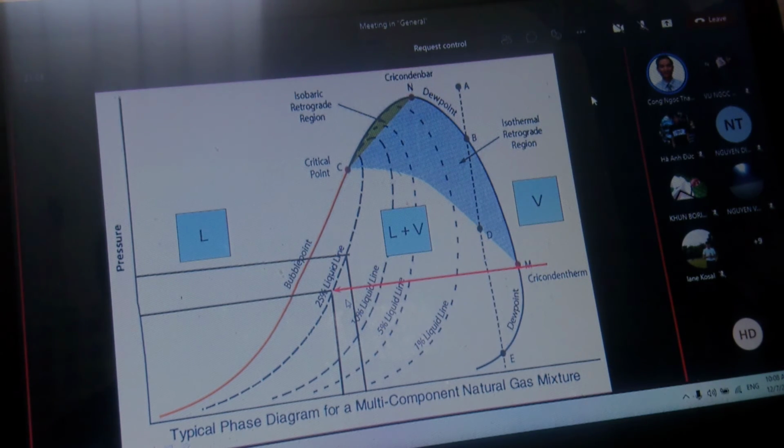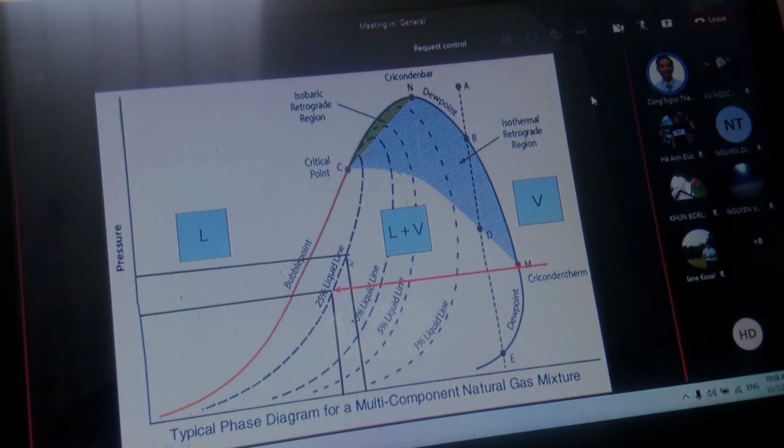If we would like to condense 25% of the mixture, we need to choose this point, where the working pressure is here and the temperature is here.